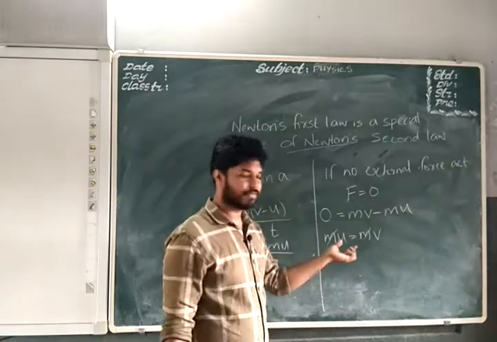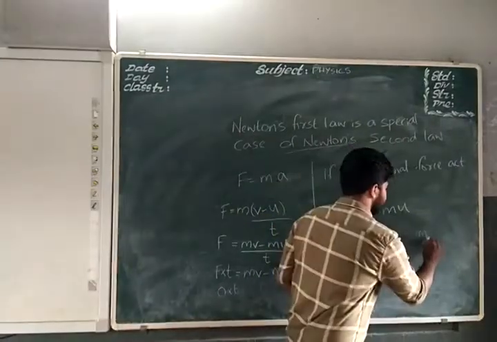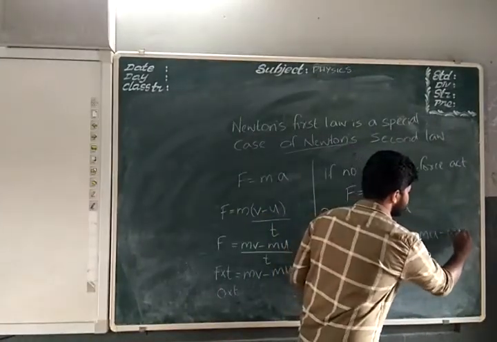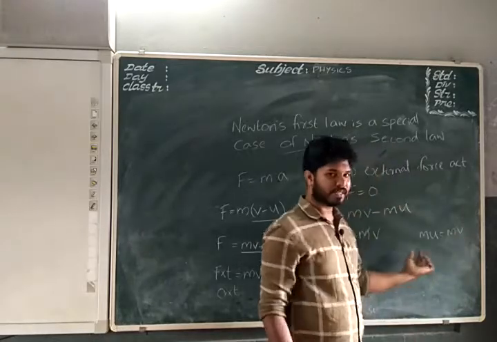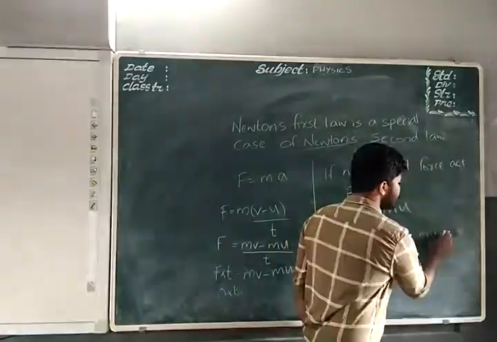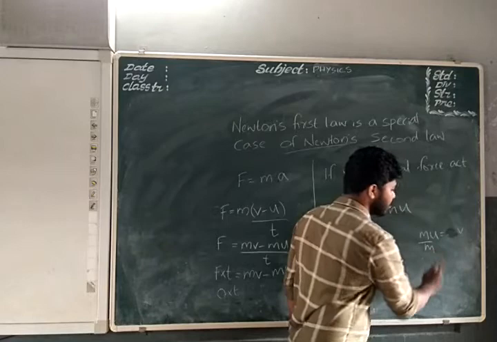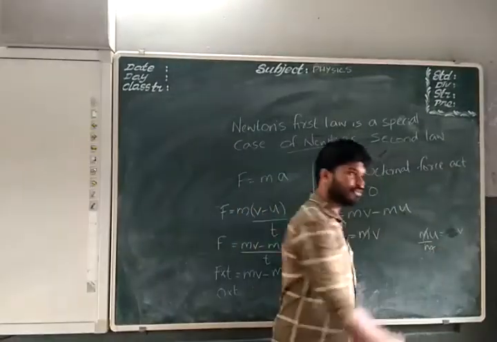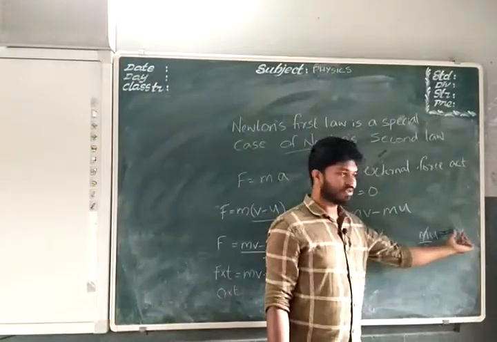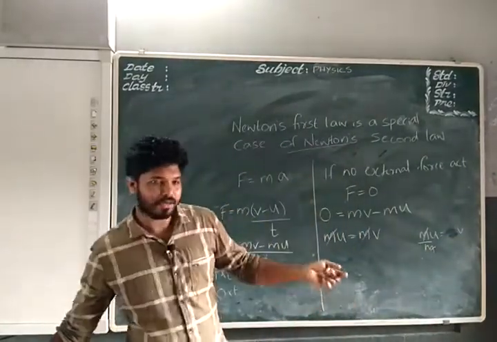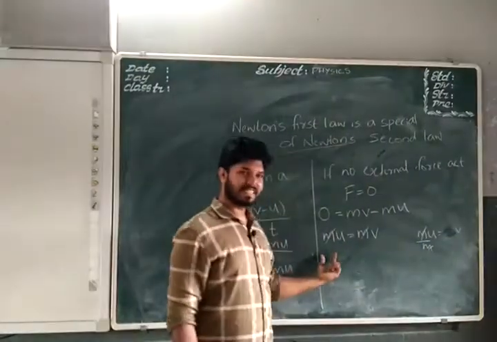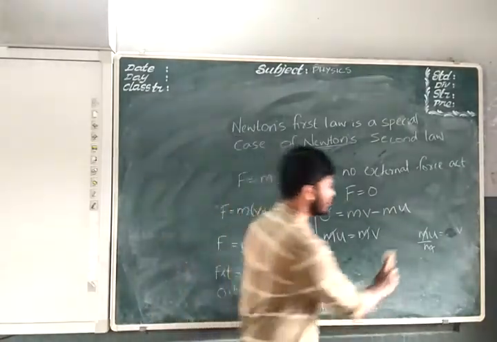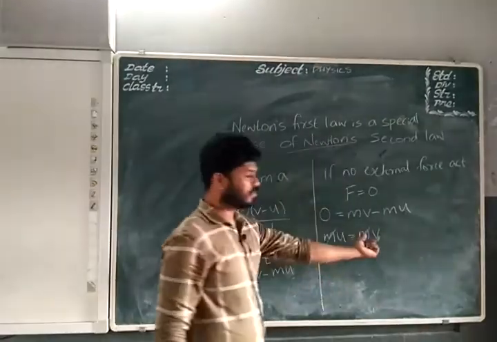Or if you have any confusion in that, let us think like this: mu equal to mv. Bring this m to the other side. It becomes divided by m. Now m by m equal to 1. So we get u equal to v. Either you can do it this way, or you can just cancel it here itself. So we get u equal to v.